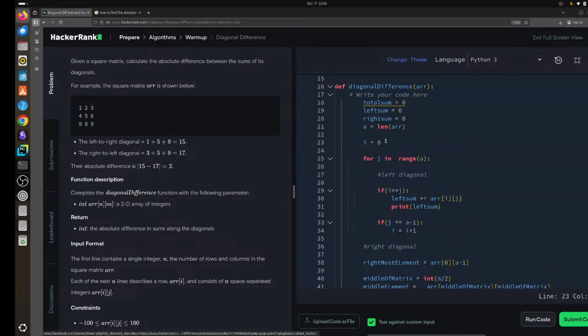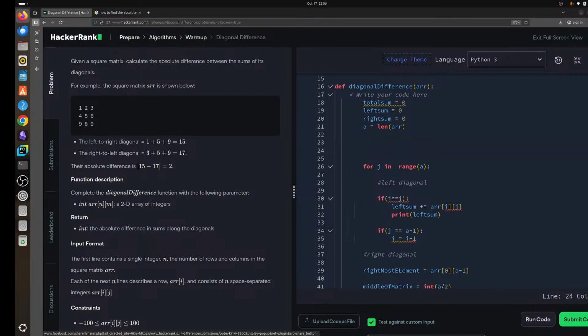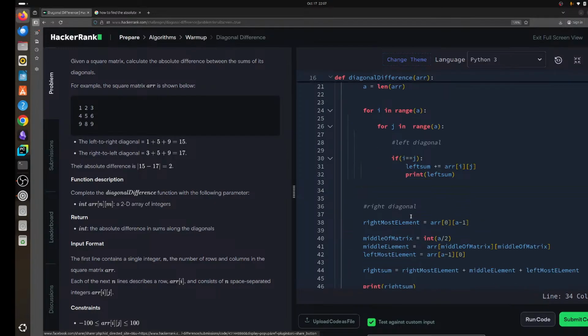Instead, let's use the nested loop. This is not correct now, right?